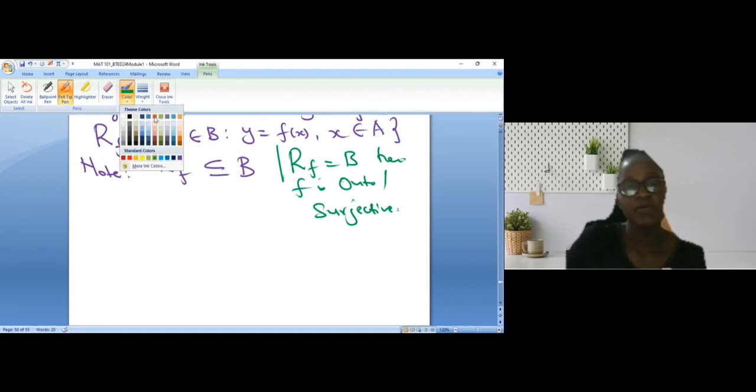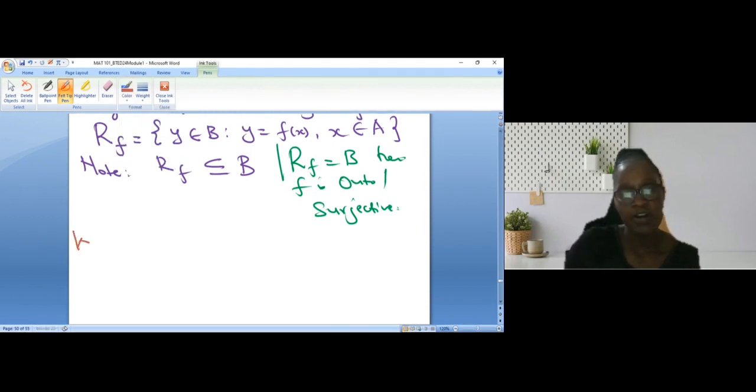That brings us to the question: how do we find the domain of a function?